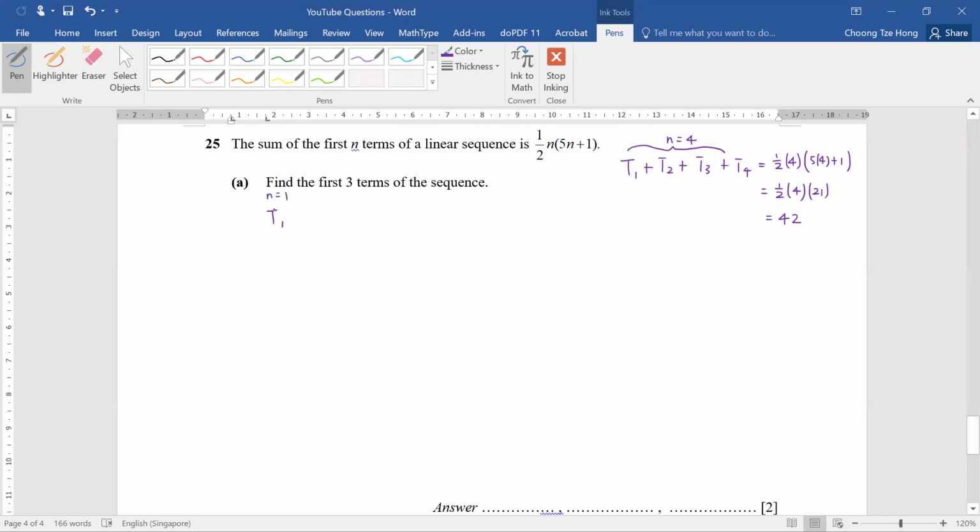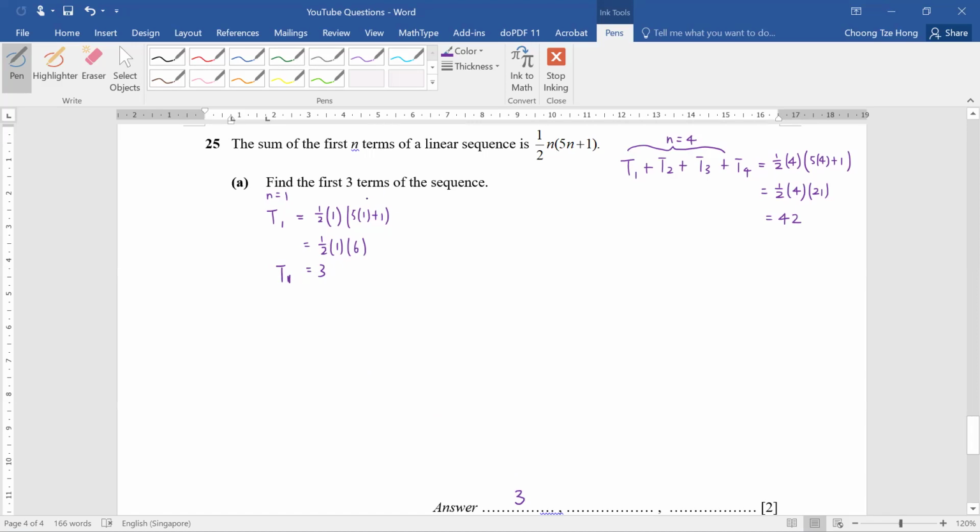We can just substitute n equals 1 into the formula and find the first term straight away. So we have half times 1 times 5 times 1 plus 1, which is half times 1 times 6. The answer is 3. So the first term is 3. We can write it inside the bracket here: the first term is 3. Now we have successfully found the first term.